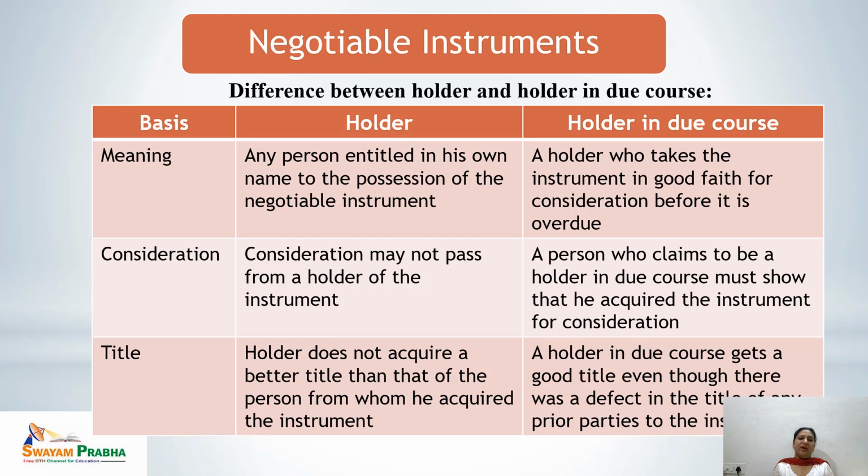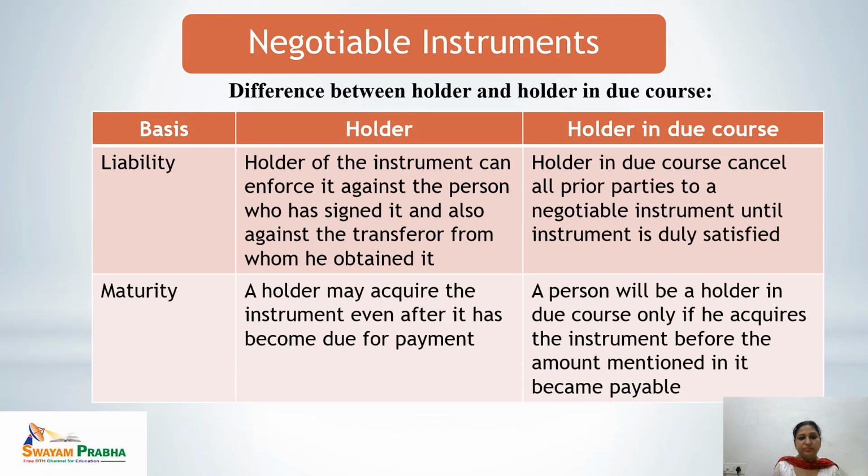The reason is that the holder in due course has no knowledge about the defect in the title of the prior parties of the instrument. That means the holder in due course holds the instrument in good faith with consideration without the knowledge of any defect in the title. So he has a better title than the holder himself.